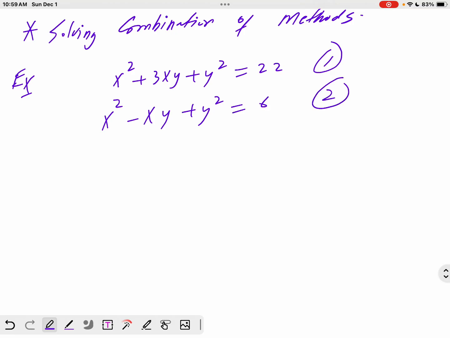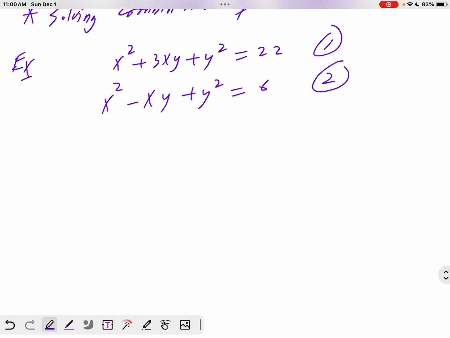Now if you look very carefully, we can eliminate x or y. In this case, it doesn't matter. Look at x squared or y squared. If you want to eliminate x squared, then they both turn into opposites, so we can eliminate both of them in one step.